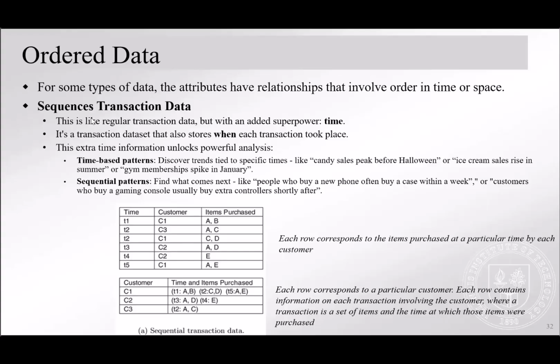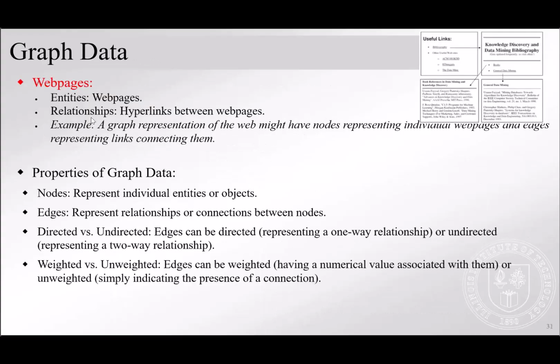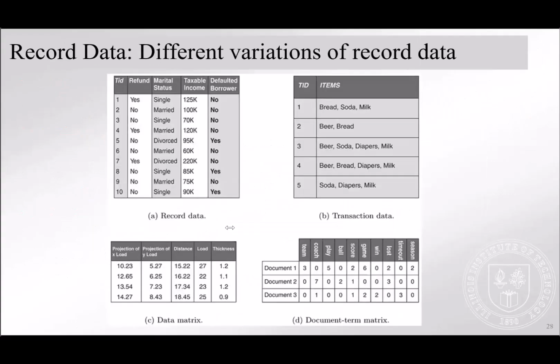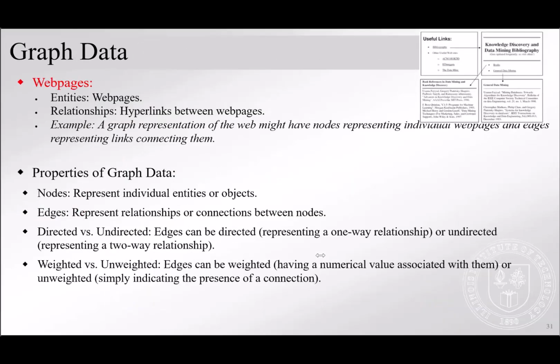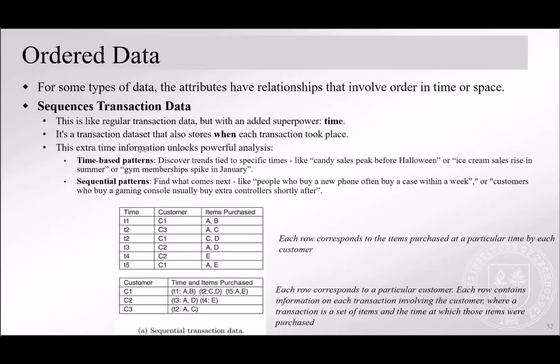Now, one important example is sequential transaction data. This is exactly like the regular transaction data we talked about earlier: market baskets, receipts, items people buy. Similar to this, but there's a difference.